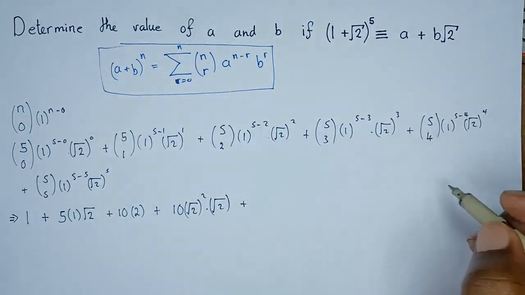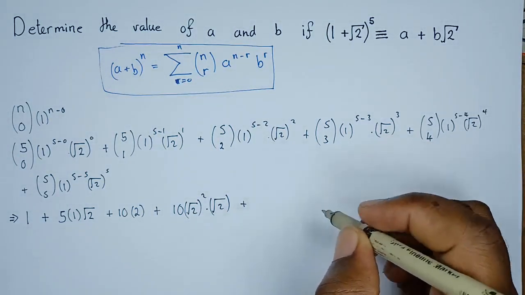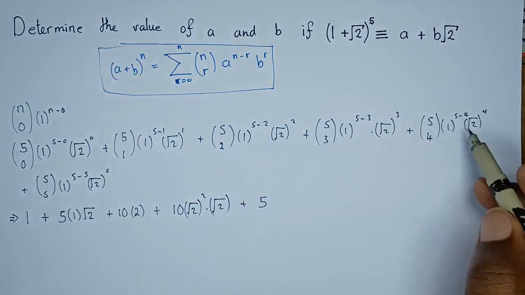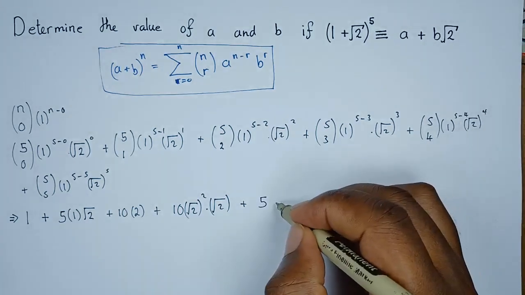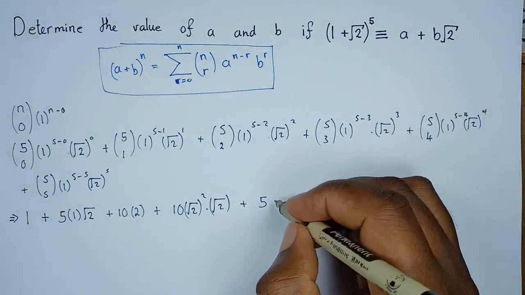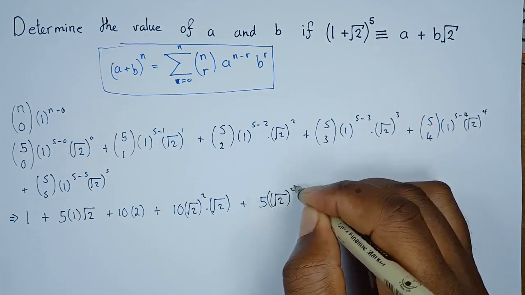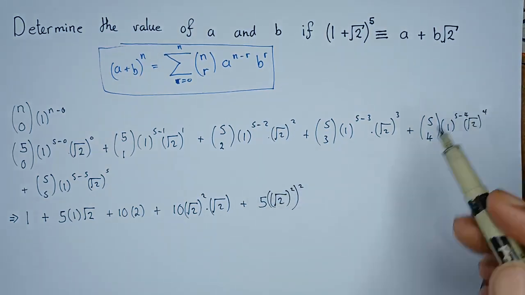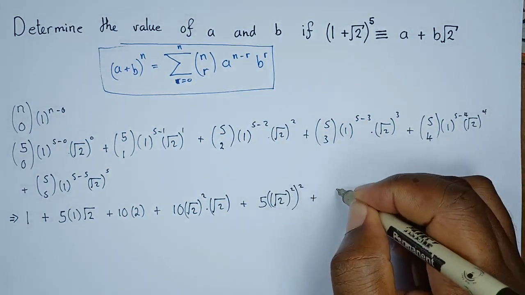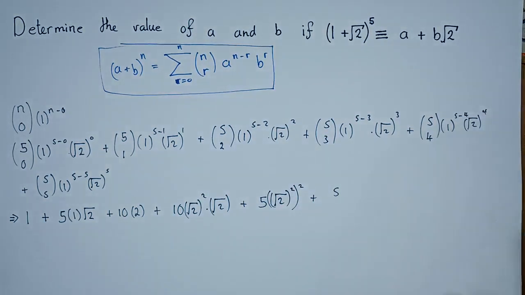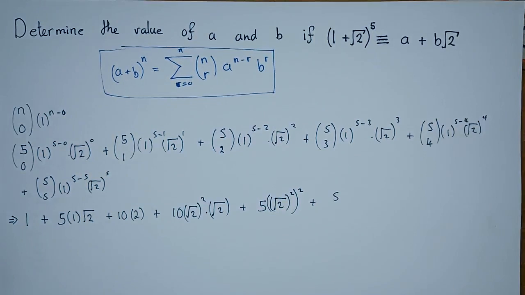This part, what we have? 5 combine 4 is 5. This is just a 1. We have root 2 to the power 4. So root 2 to the power 4 can be written as root 2 squared, again squared, because 2 times 2 will give us a 4. Plus, the last part is 5 combine 5.